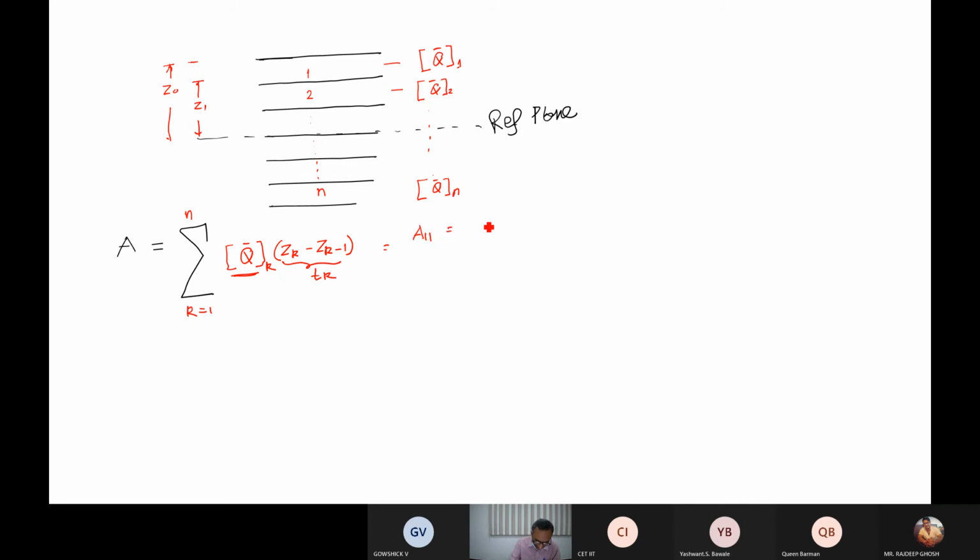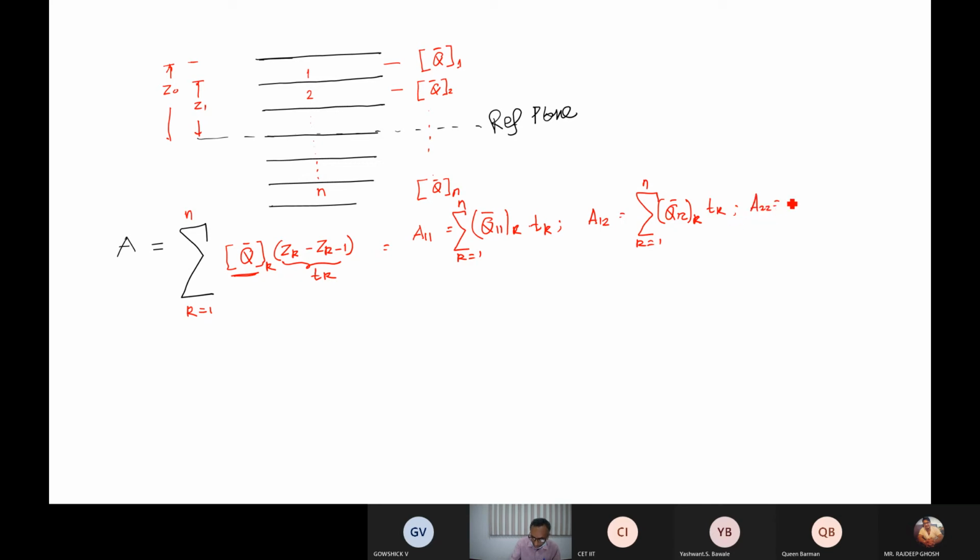Therefore, A11 is nothing but the sum over all the layers of Q11 bar k into Tk. Similarly, A12 is the sum over k going from 1 to N of Q12 bar for the kth layer into Tk.